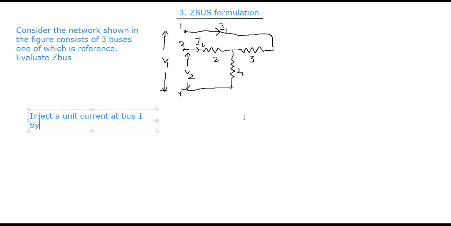Keeping bus 2 open circuit. Now what does this mean? Inject a unit current at bus 1, keeping bus number 2 open circuited.